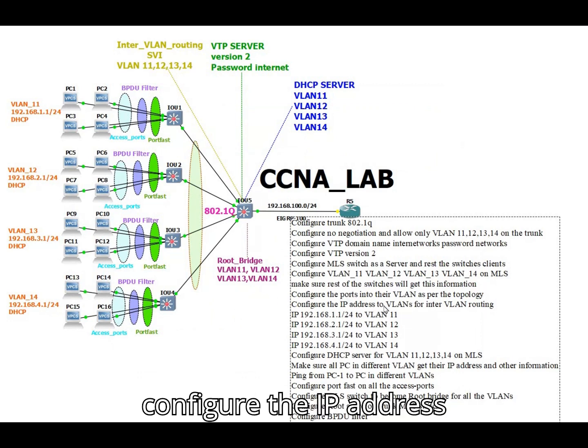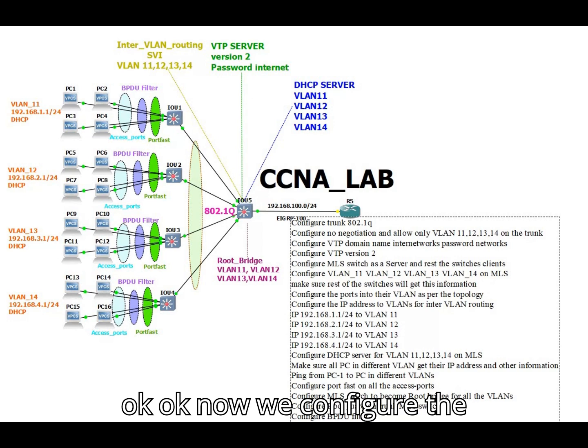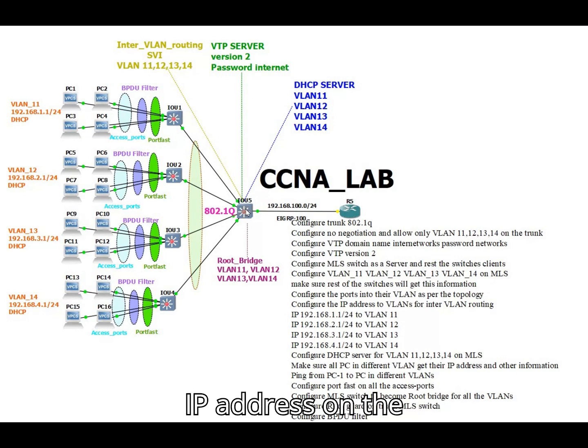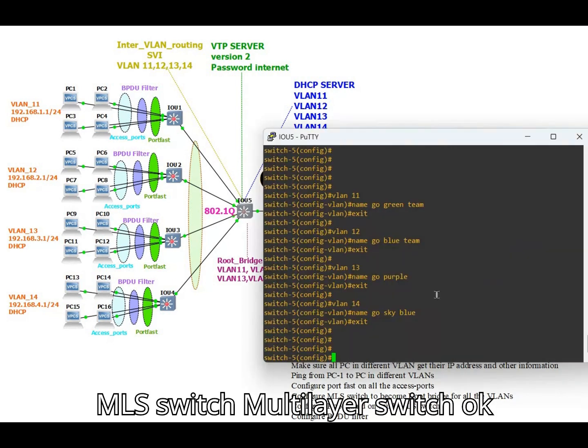So now we have successfully configured these steps. Now we configure the IP addresses for the VLANs for inter-VLAN routing on our MLS switch, the multi-layer switch.